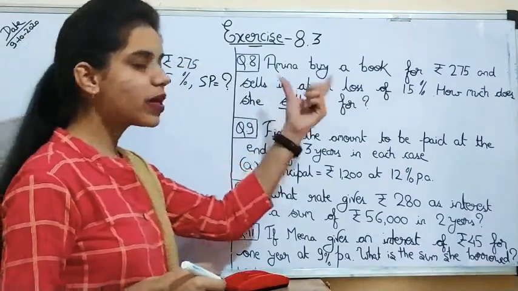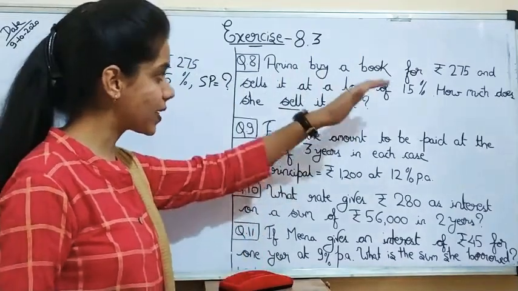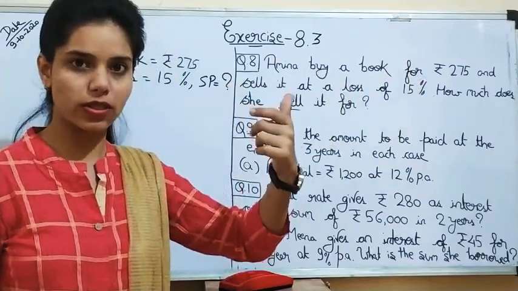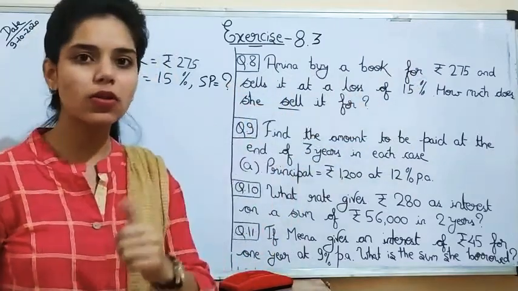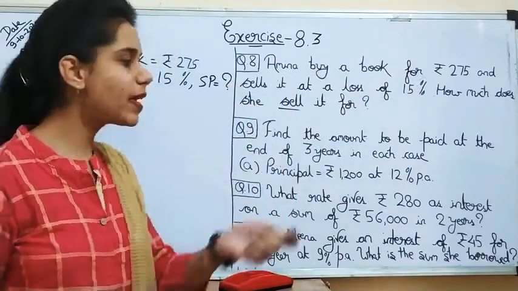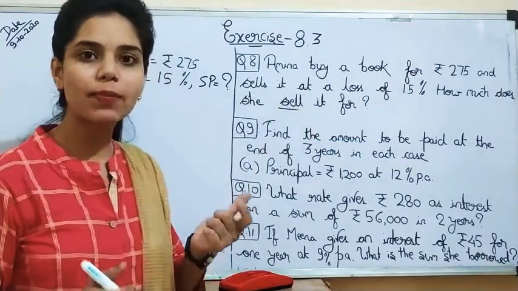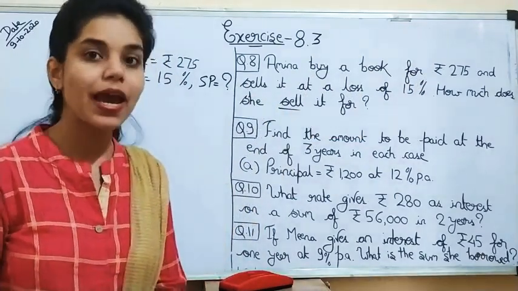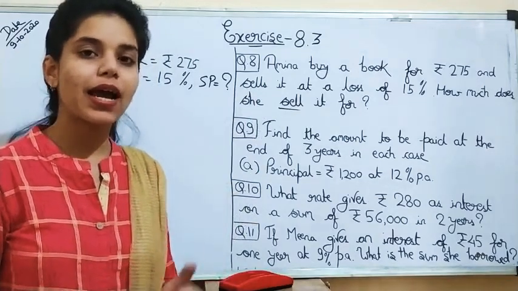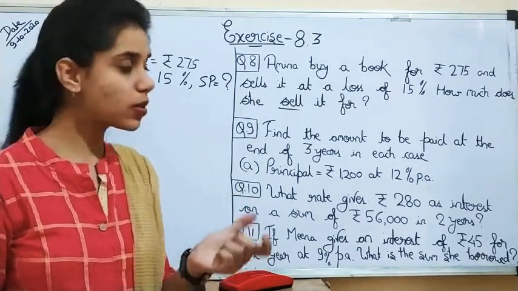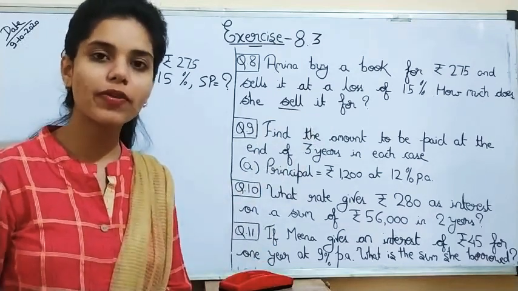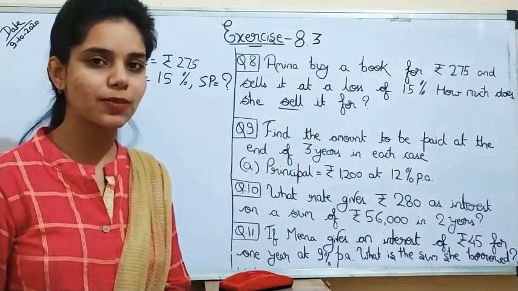Now the actual loss is not given. Loss percent is given, that she lost 15% of 275, but the actual loss is not given. Without the loss we can't find the selling price, because loss equals CP minus SP, and CP is given but loss and SP are not.